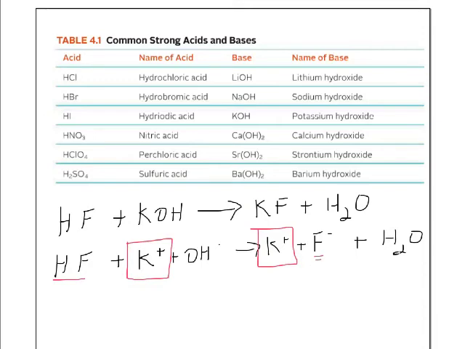So we end up with HF plus OH minus yields the anion, the fluoride ion, and we also get water. This is what you'll see when you have weak acids.